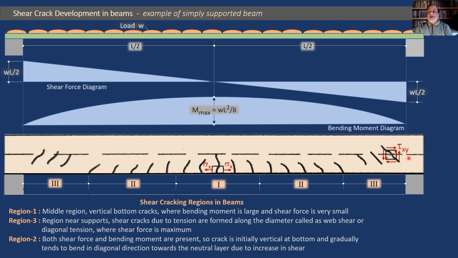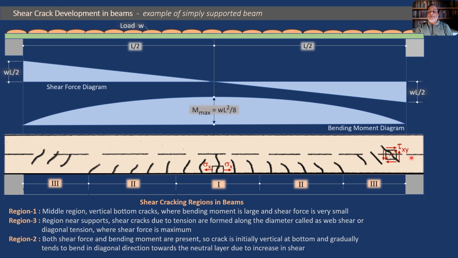This crack is perpendicular to this diagonal tension line. Obviously, this crack is because the diagonal tensile stresses could not be resisted. That is why the concrete has undergone this cracking. So this is a 45 degrees inclined crack due to diagonal tension.